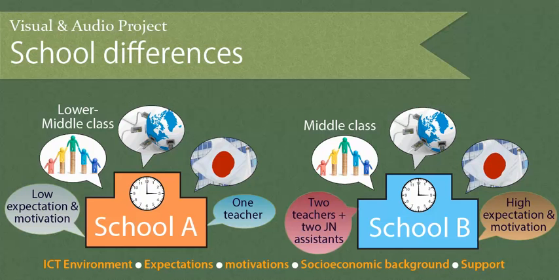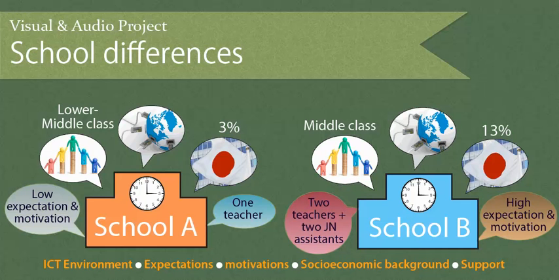There are 2 teachers for the Japanese subject and 2 native Japanese assistants. Therefore, students have chances to talk with natives and practice their speaking. This increases the students' learning interest and motivation. This may be the reason for the number of students who choose Japanese as an elective subject. School B has more students choosing Japanese compared with School A.